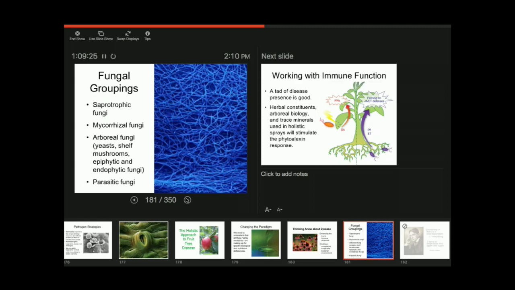When we made a decision in our agriculture to address that last group by spraying Bordeaux spray, by spraying lots of sulfur, by spraying chemicals, we changed the ecosystem for everybody else as well. And so all the advantages that come from our arboreal food web and the soil food web, fungicides not only kill the diseases that land on the surface of the tree, they drip to the soil.